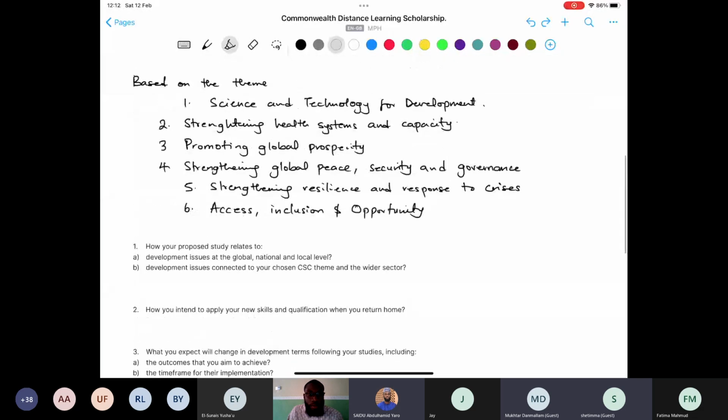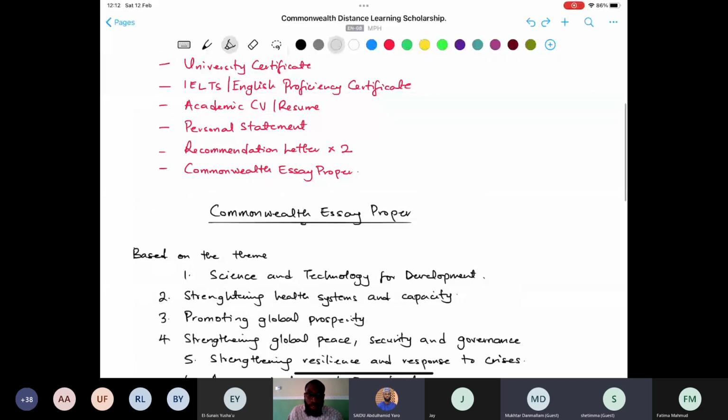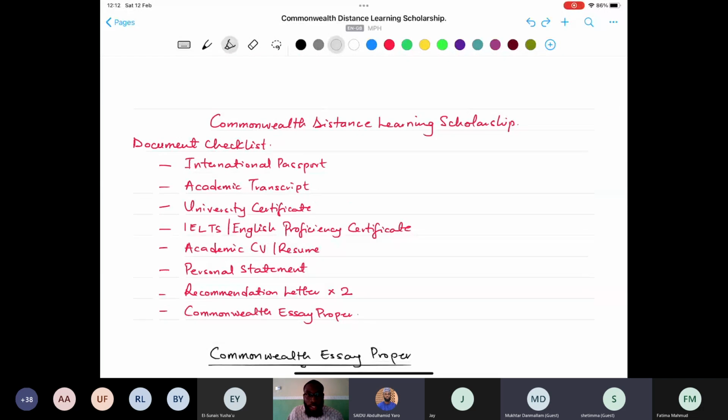These themes are very important, because these are the themes that would have to be reflected in your personal statement and also your Commonwealth essay proper, because it has to be in line with the Sustainable Development Goal tied to that topic, and to ensure that your work, or whatever you're doing, is in that same context.